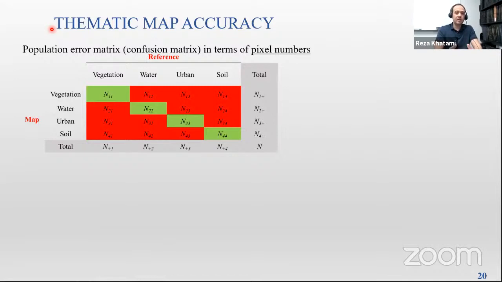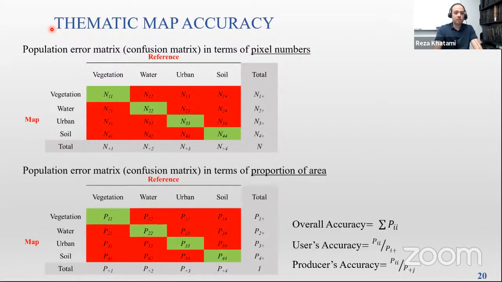Here you can see the population error matrix in terms of pixel numbers. We can also define error matrix in terms of proportion of area by dividing the number of pixels in each cell by total number of pixels in the map. We can define some summary measures such as overall accuracy, user accuracy, and producer accuracy.